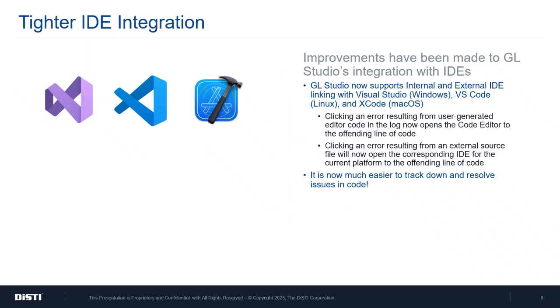While GeoStudio already could be utilized in tandem with IDEs such as Visual Studio, GeoStudio 8.3 introduces some great improvements to that integration. Namely, GeoStudio now supports external IDE linking with Visual Studio, VS Code, and Xcode, depending on the platform. Additionally, internal linking is also now supported.